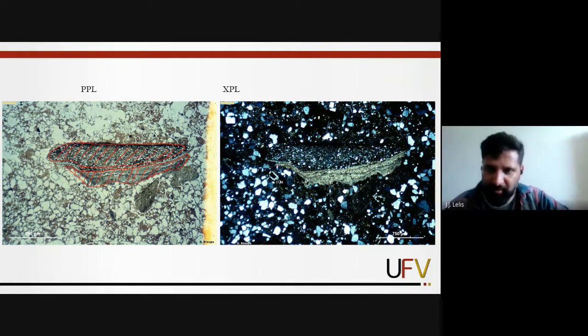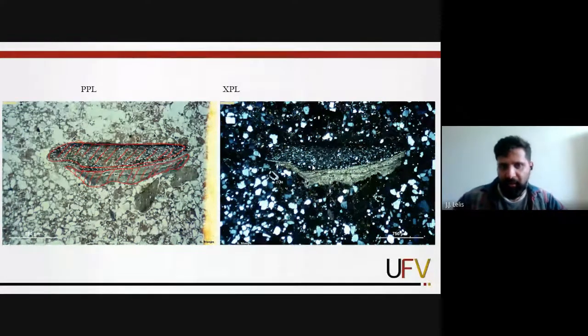So we can understand that we don't have just one moment of migration and deposition of calcium carbonate. We have several, and we can even date these materials and see how much time was spent in forming these pedal surface features, okay?